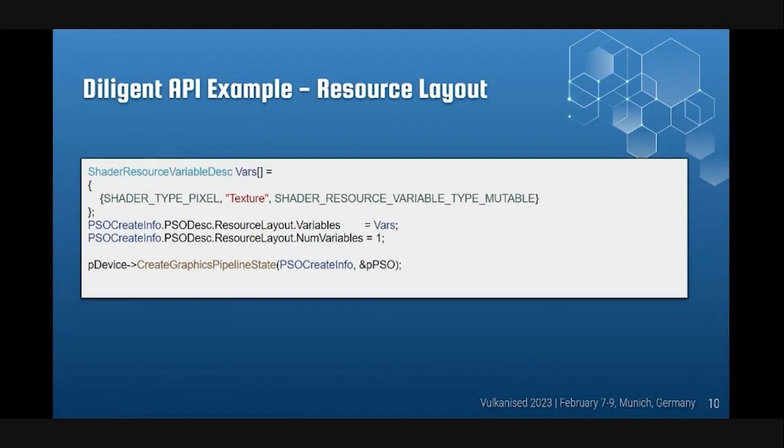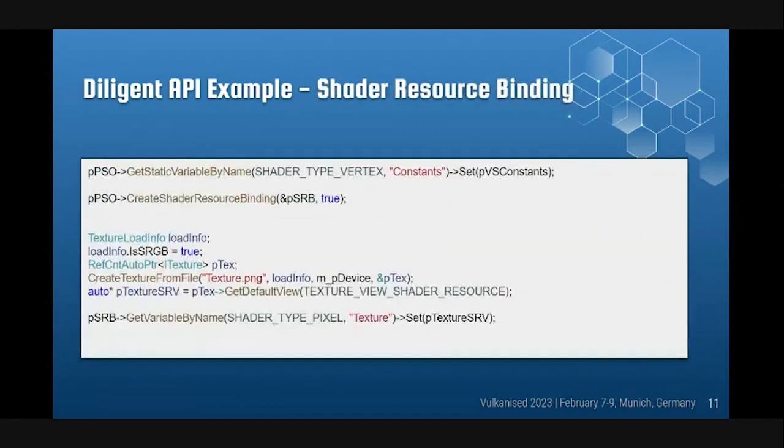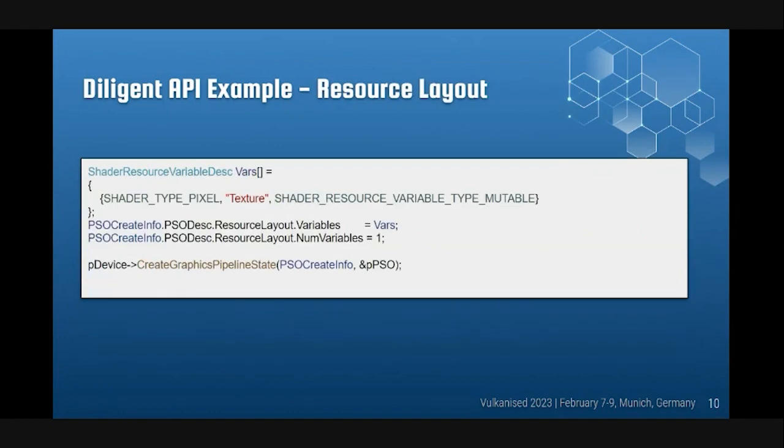It defines the shader resource layout, and the way it is done in Diligent is that every shader resource can be classified as one of 3 types. We call them static, mutable, and dynamic. And again, the resources are identified by name, and the engine handles all the internal details under the hood.